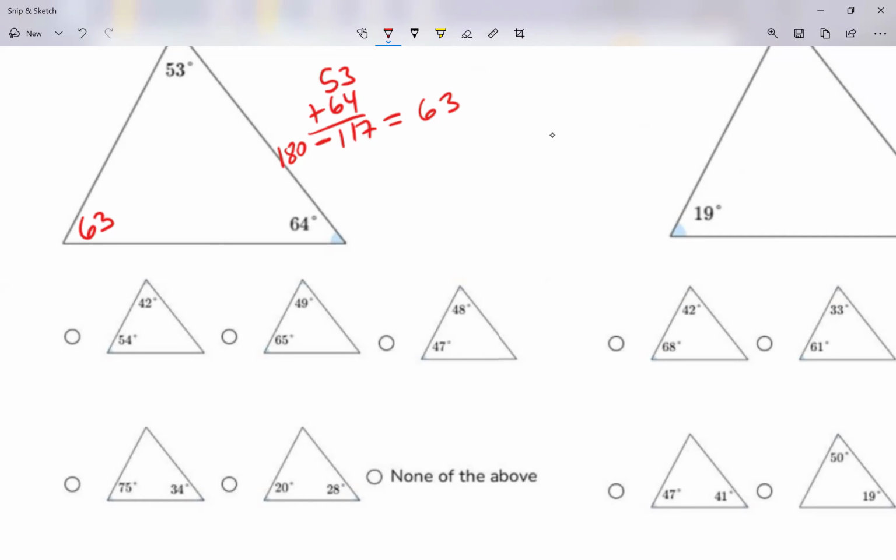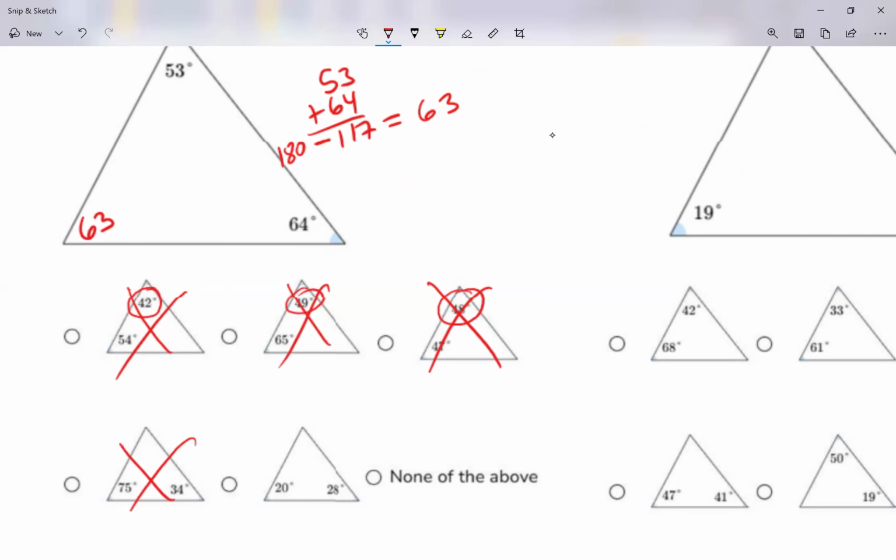My first triangle, I see 42. 42 is not part of my triangle, so that one is not similar. Here I see 49. Remember, I need to have 53, 63, or 64. So this doesn't work either. 48, nope, doesn't match. 70, nope, this one doesn't match either. 28, nope, this one doesn't match. So I'm going to have to say none of the above.